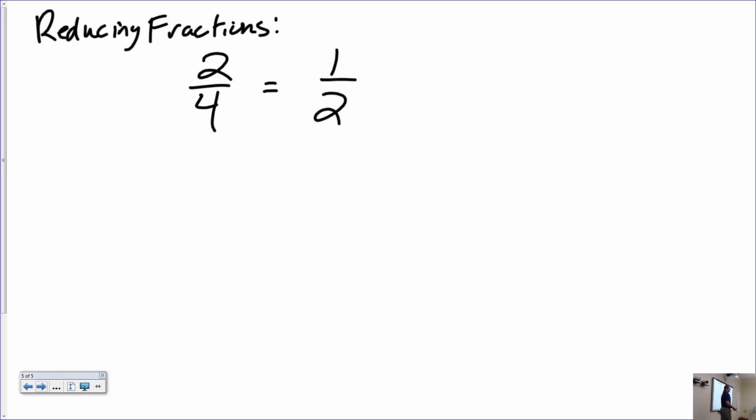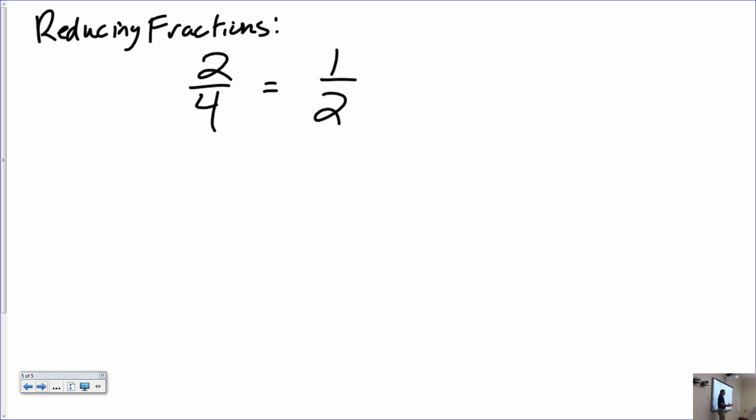Why is it okay to do that? Why does the same number make a difference? You're on the right track. Not quite. You can't multiply it by itself, right? So if I multiply or divide the same number, exactly. Why is that okay?